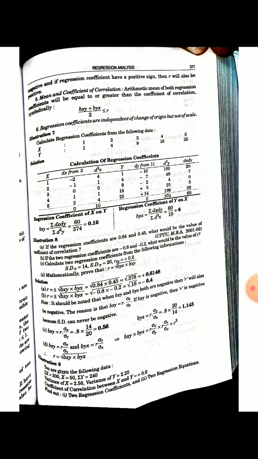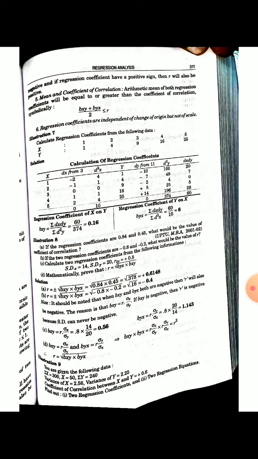Now let's move on to the third question: calculate two regression coefficients from the following information. SD of x and SD of y are given, and the correlation coefficient is given as positive 0.8.